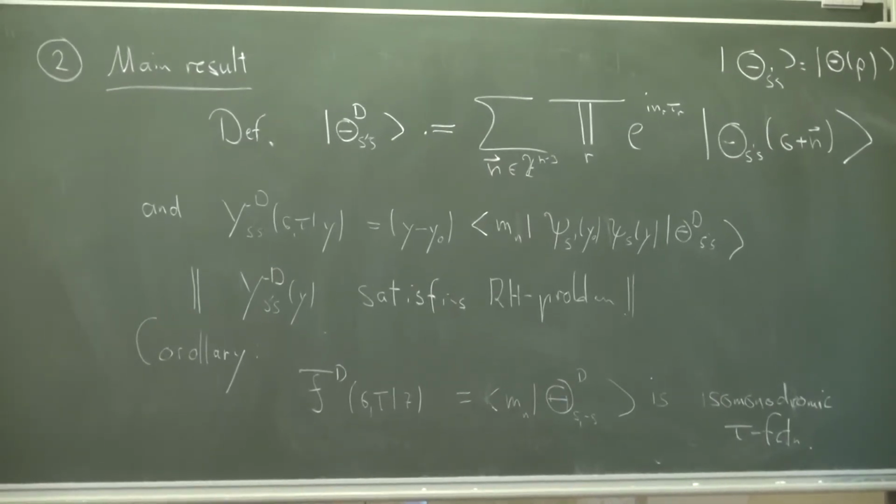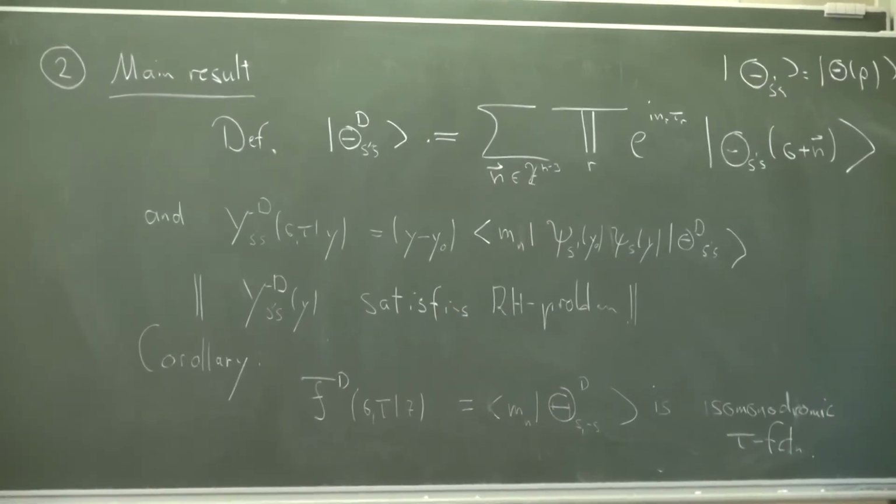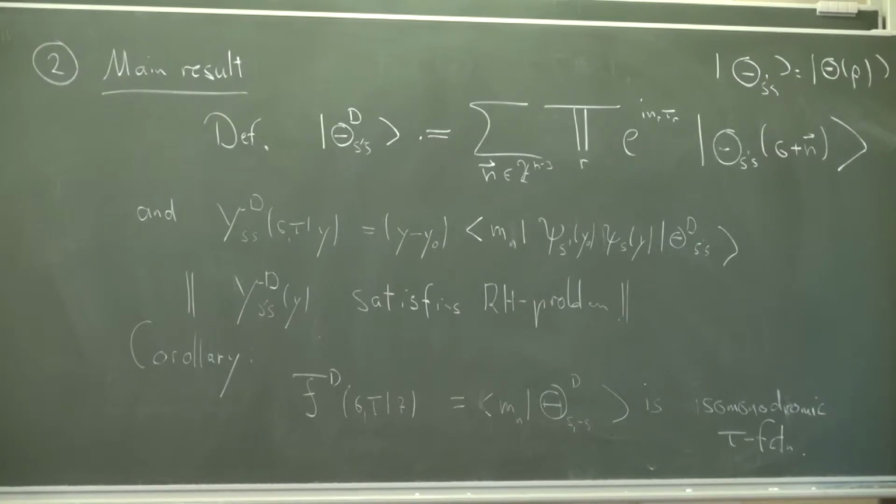So the plan for the rest of the talk is, first, to say what I mean by isomonodromic tau function and so on. That's what may not be familiar to all of you.